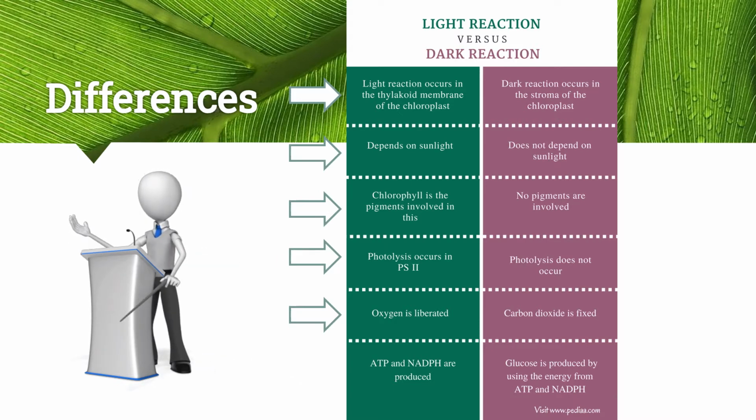In dark reaction, carbon dioxide is fixed. In light reaction, adenosine triphosphate and nicotinamide adenine dinucleotide phosphate are produced. On the other hand, in dark reaction, glucose is produced by using the energy from the ATP and NADPH.